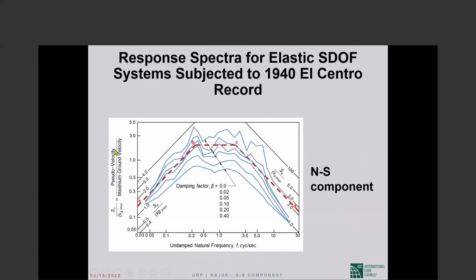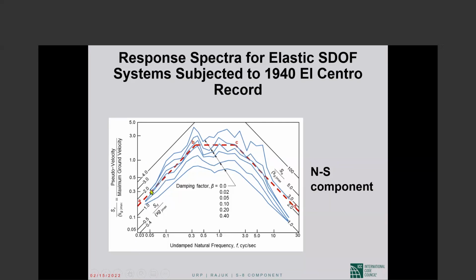This is spectral pseudo-velocity on the y-axis. So this is the constant velocity part of the spectrum. Okay, this part at high frequencies or low periods is the constant acceleration part of the spectrum. Along this part of the spectrum, the spectral accelerations are constant.